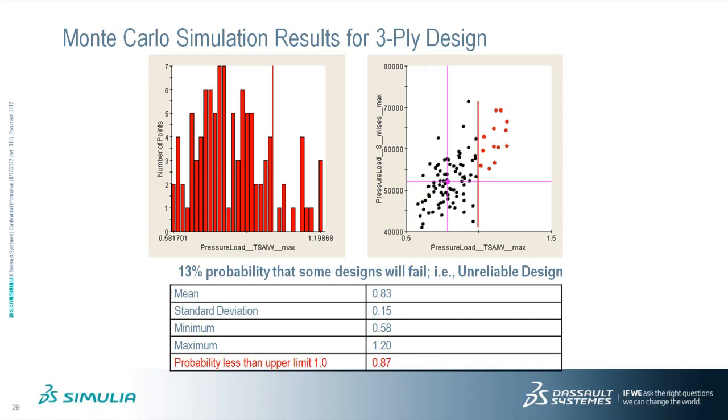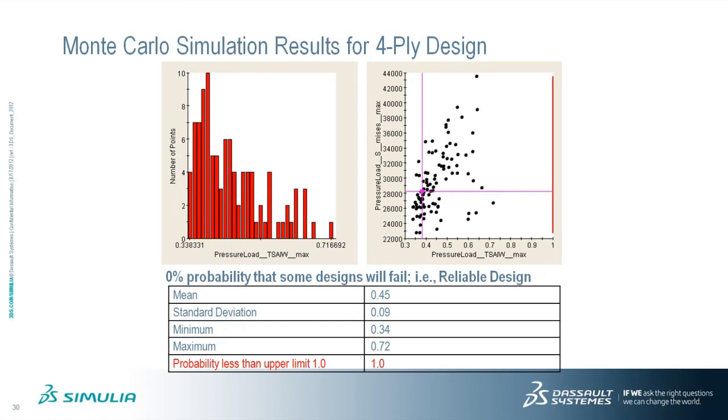What this means is that we have a 13% probability that our design is going to fail. Saying that another way, if we make 100 composite winglets using this, quote, optimized 3-ply design, 13 of those winglets are going to fail. So that means that this is a very unreliable design.